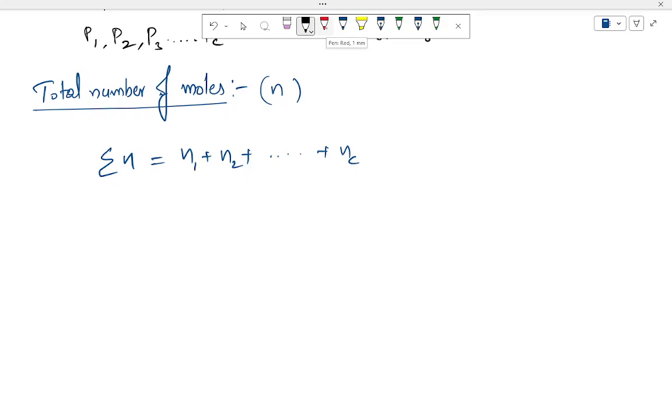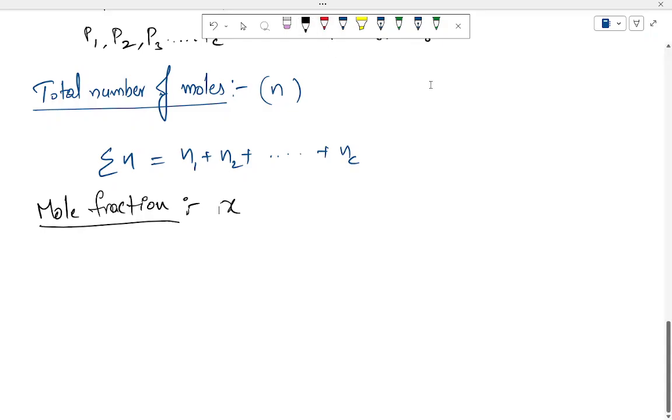The next concept is the concept of mole fraction. This mole fraction is represented generally with x. So how do I write this? This is again based on your sigma n.